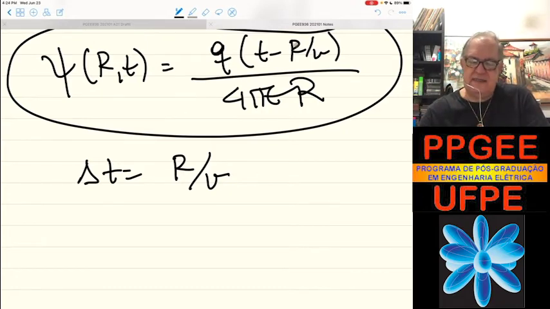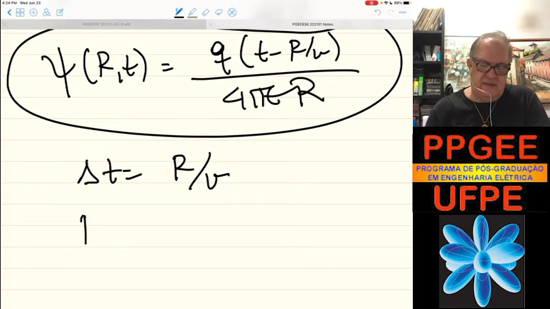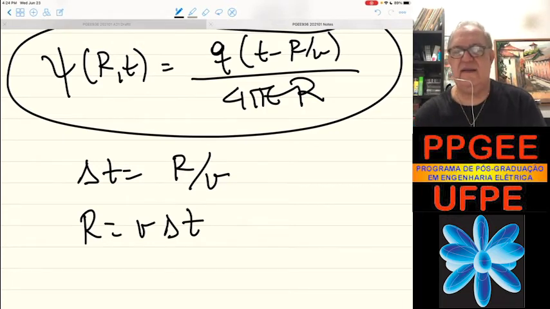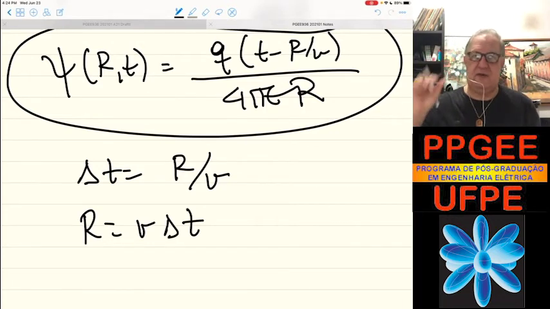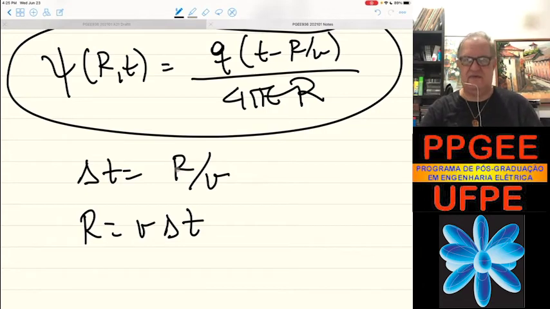When this argument is 0, is after a time delta t equals r over v. So it means that the disturbance propagates with a velocity of v, right? The potential only feels the effect after this time delay r over v.